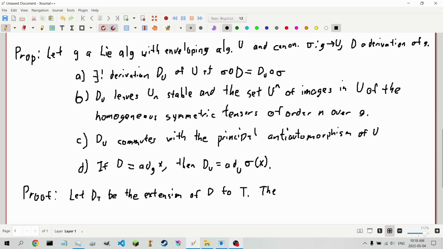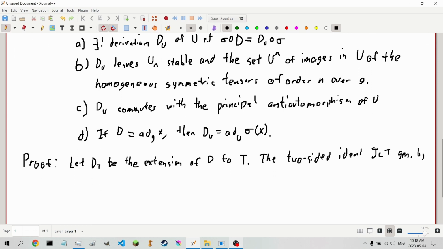Now, as we've seen before, the two-sided ideal J of T, which is generated by X tensor Y minus Y tensor X minus their Lie bracket, is stable under this dt.